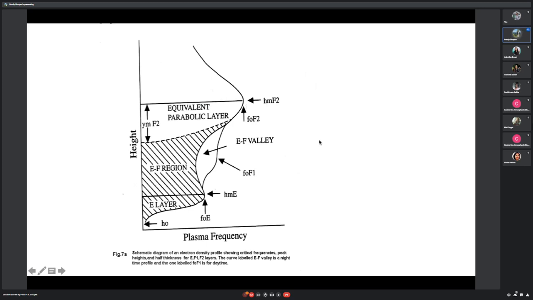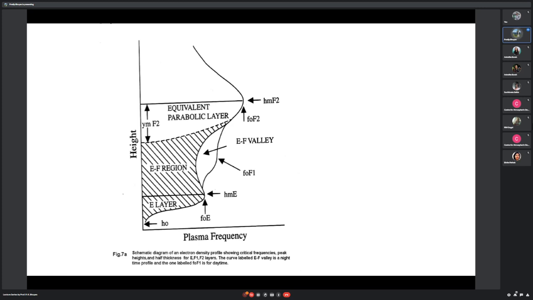These are all very clearly explained in Hargreaves' book also, but for that you will have to go to the first chapter itself. In the beginning of Hargreaves' book, he has shown how radio propagation takes place in an ionized atmosphere, those equations, how the refractive index varies with the square root of electron density.